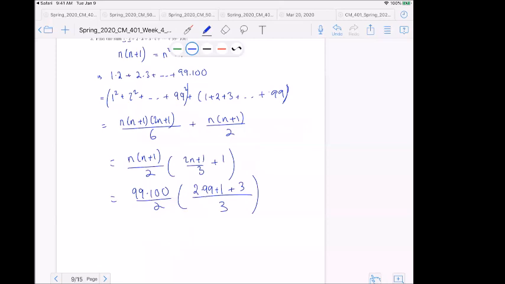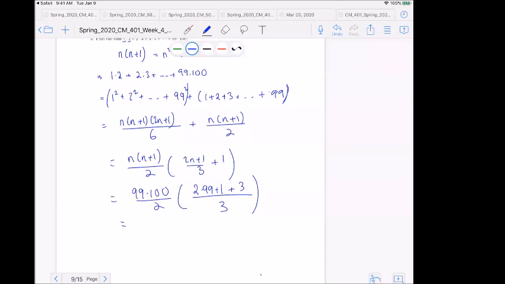Yes, what did you get? 4950. The top one, yeah. So now we can see that here. I hope that makes sense, everyone.